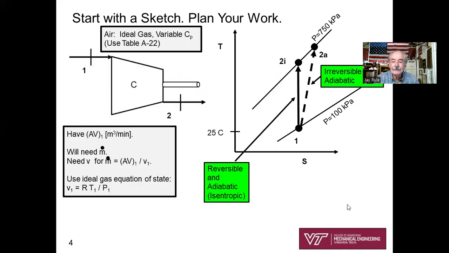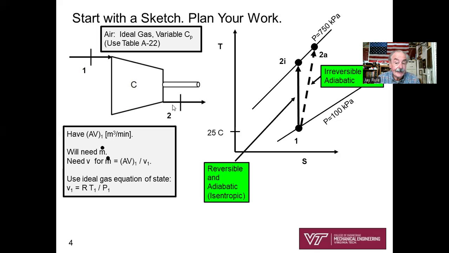Let's start with a sketch and plan our work. Here's our sketch of our compressor. See how it looks similar to the photograph, coming in at state 1, leaving at state 2 with compressed air. In the compressor we're squeezing the air, making specific volume smaller, and pressure goes up.